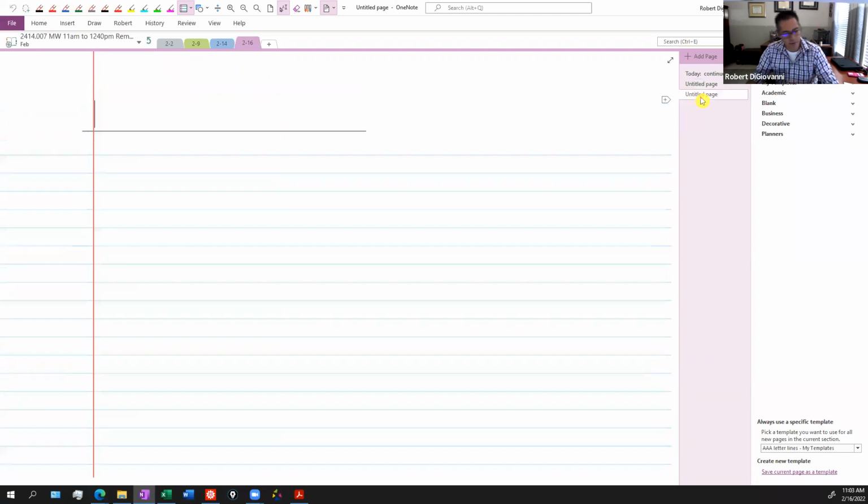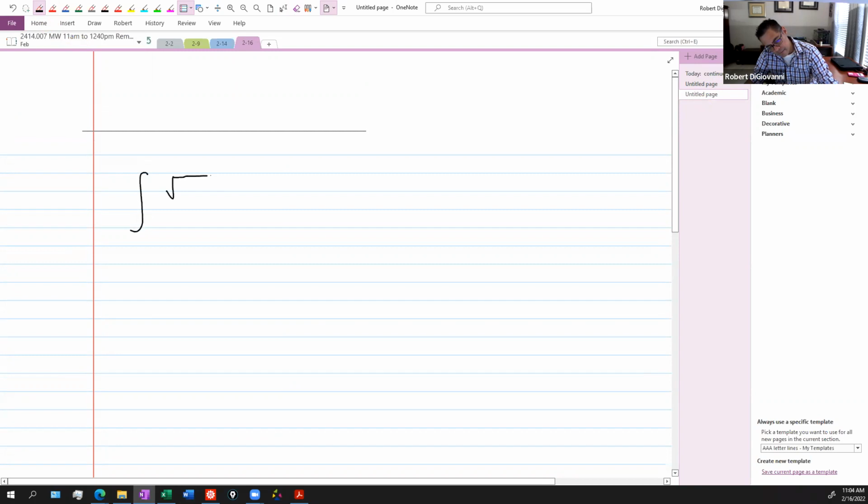So what if we do something like this? Integral, let's go square root of 4x squared minus, let's go with 9, over x dx.